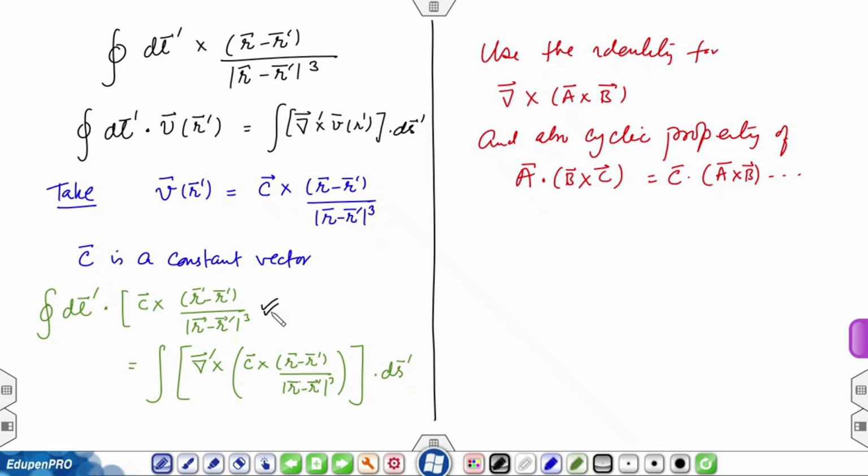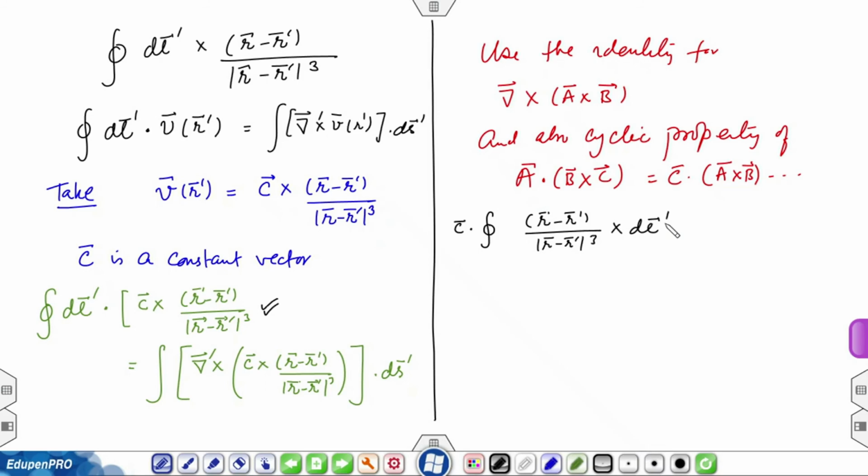using all this, integral of C dot r minus r prime over r minus r prime cubed cross d l prime.